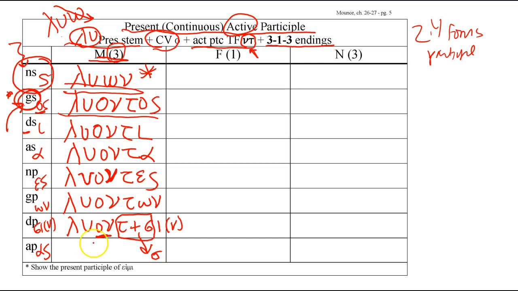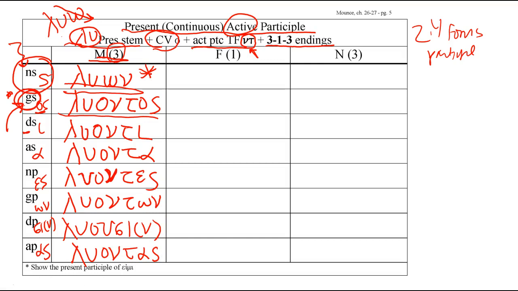And so what happens is the nu and tau drop. The omicron goes long because of the drop. And the final form will be luousi or luousin. And then the accusative will be luontas. So those are the forms.